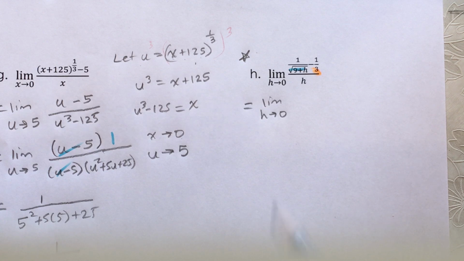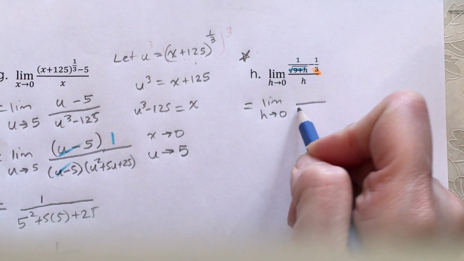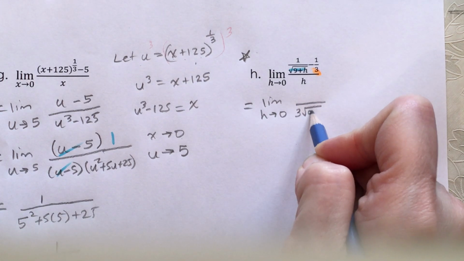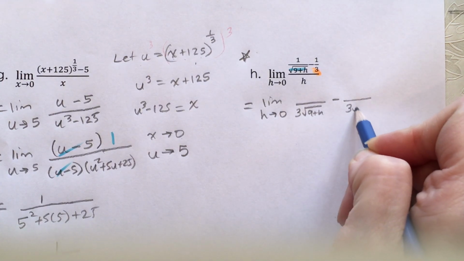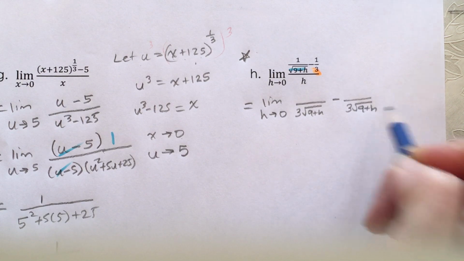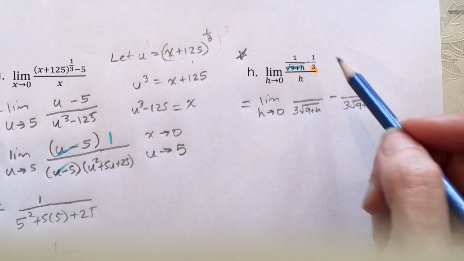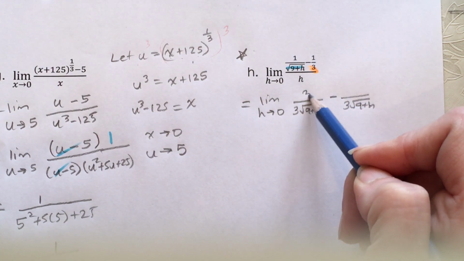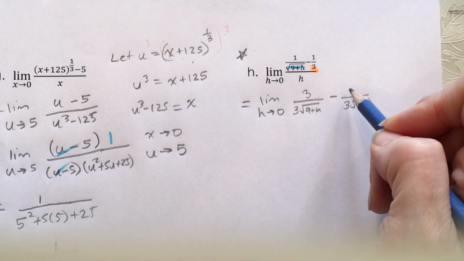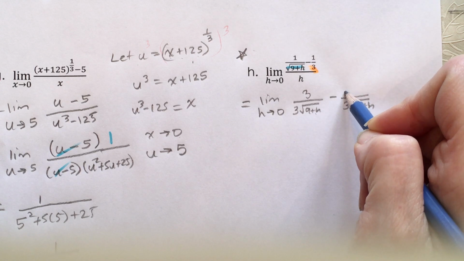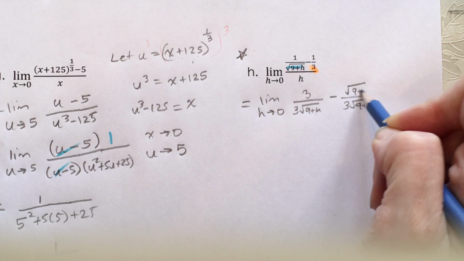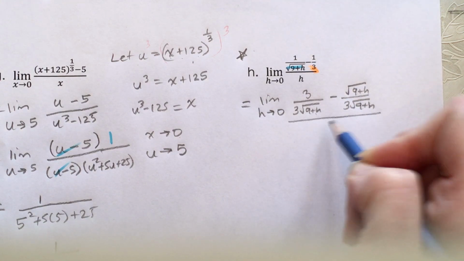So if you multiply those, you're going to get 3 root 9 plus h, and there's a minus 3 root 9 plus h. Here I had to multiply by 3, and then here I had to multiply by root 9 plus h. And that's still all over h.